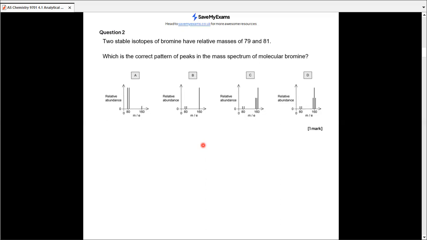Two isotopes. So 159 and 161. Then the molecular peak at 160. Good. And then equal heights. Good. But what about the bigger one right in the center of them? No, no. You're going good, fine.